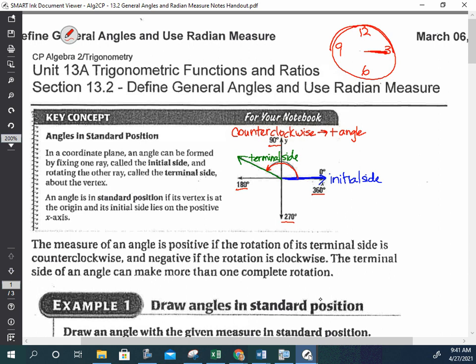That would be 360 plus 90, which is 450. 450 plus 90, which is 540. 540 plus 90, 630. 630 plus 90, 720. So if you have to draw an angle that is more than 360 degrees, we can do that. And we will do that shortly.